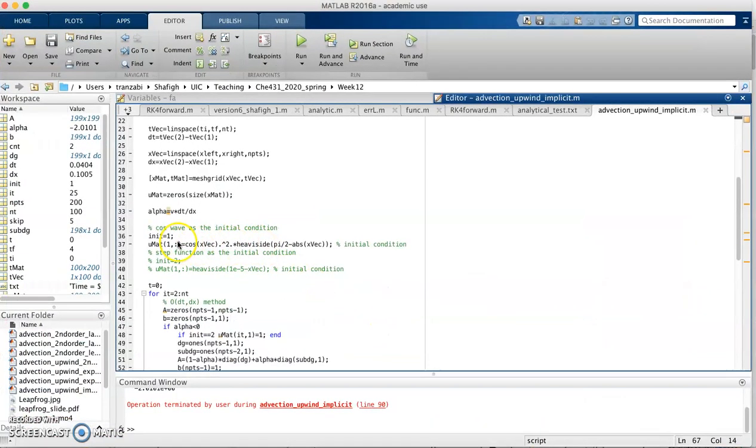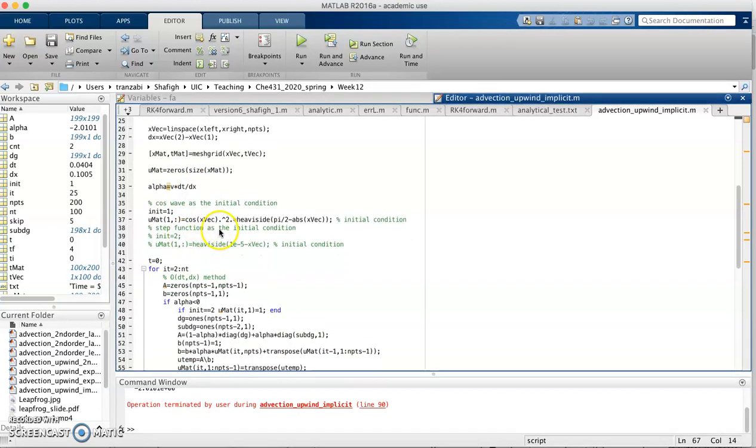So, we have our alpha, which is non-dimensionalized velocity, times dt over dx. So again, this is the reciprocal of numerical velocity times the physical velocity. I create the initial condition, which is a half sine wave, and I create this half wave by getting the sine function, squaring it, and then multiplying by a Heaviside function to cut the wave above and below plus or minus pi over 2.